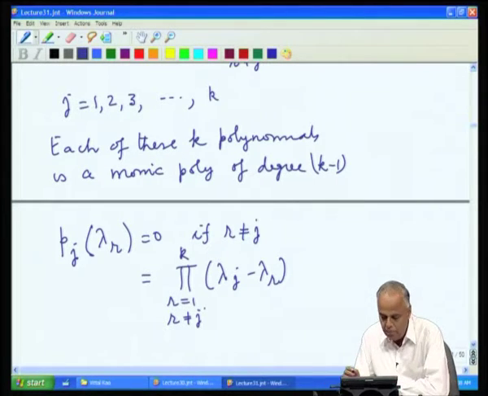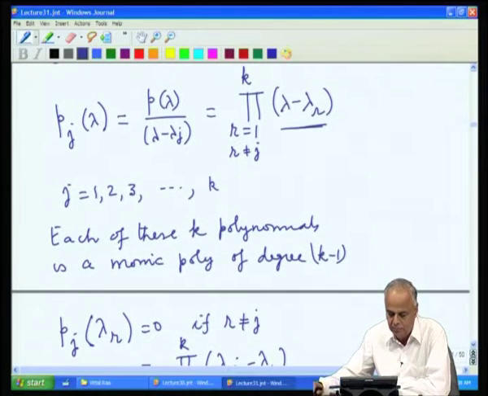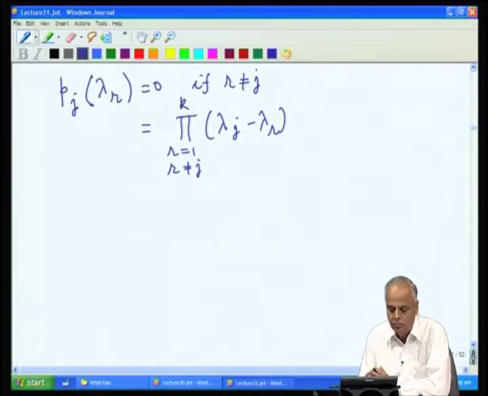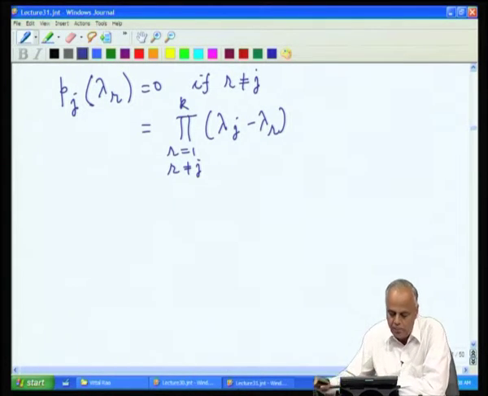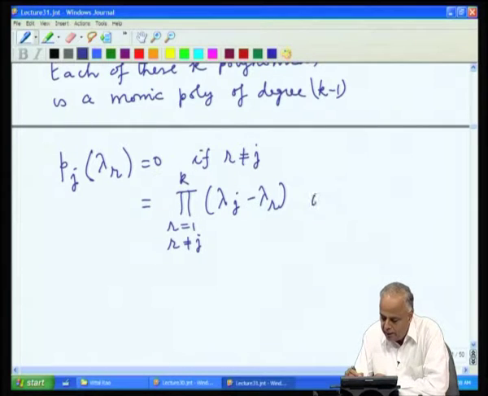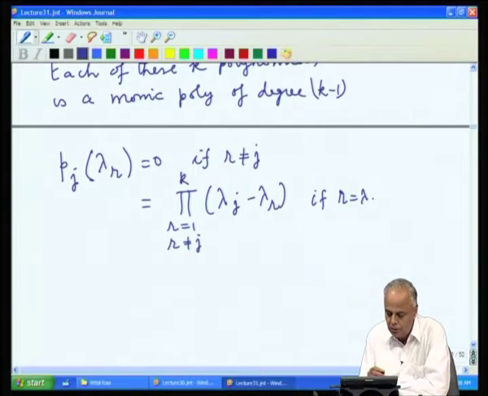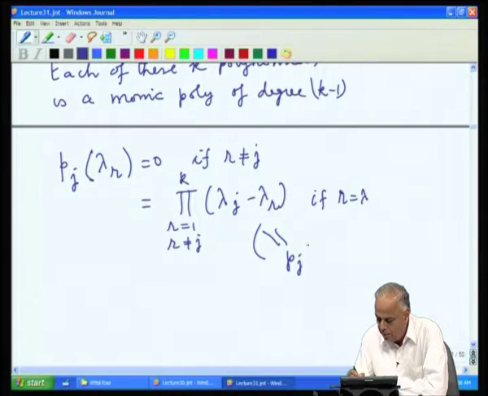It is actually p lambda j. Now, we have this polynomial p j which vanishes at all these points except at lambda j, where it takes this value. So, this is what p j lambda j is.